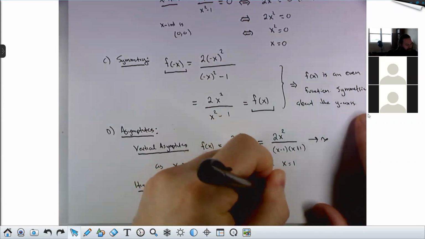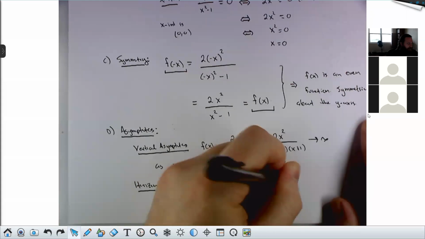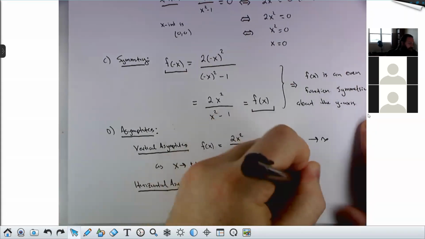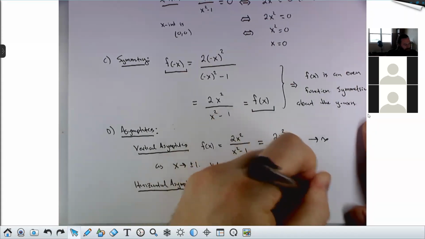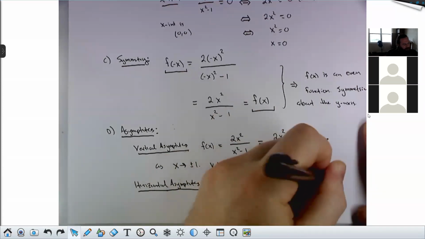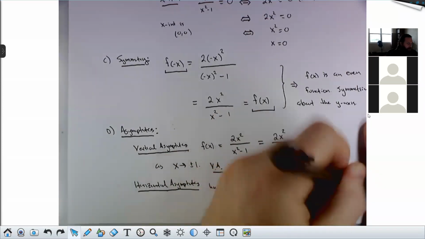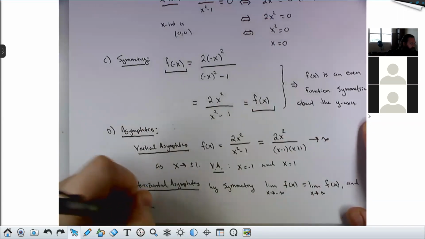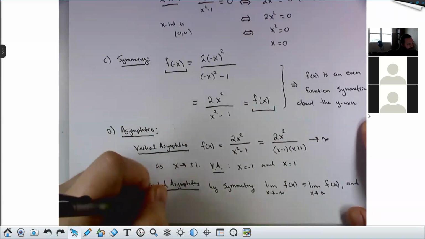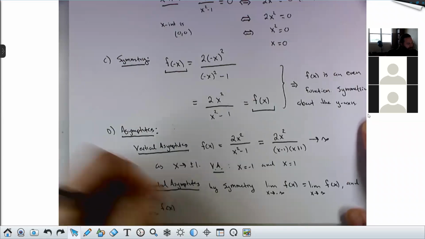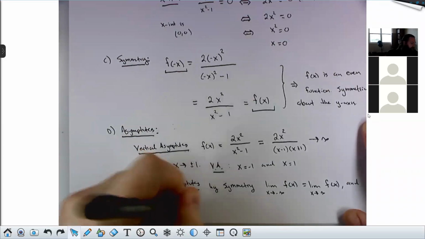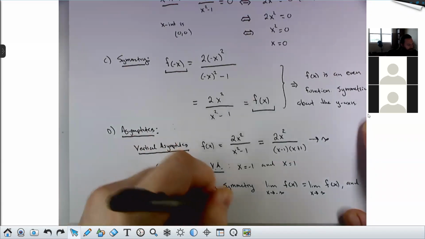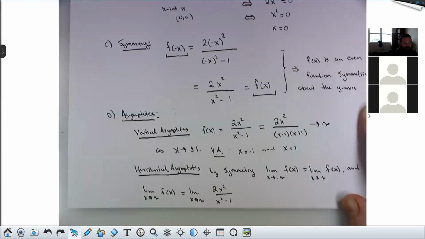The limit as x goes to -infinity of f of x will be the same as the limit as x goes to +infinity of f of x. And here, the limit as x goes to +infinity of f of x is the limit as x goes to infinity of 2x squared over x squared minus 1.